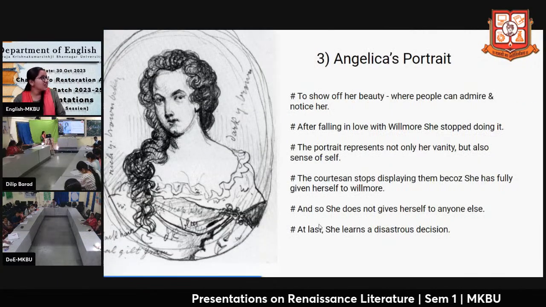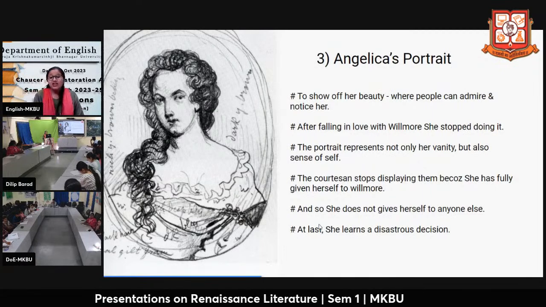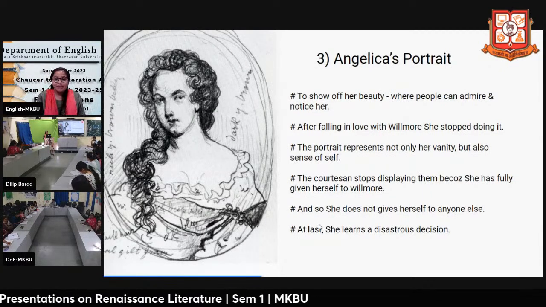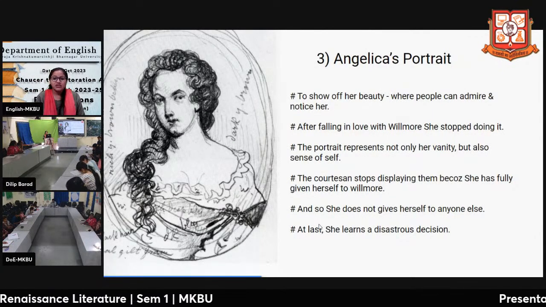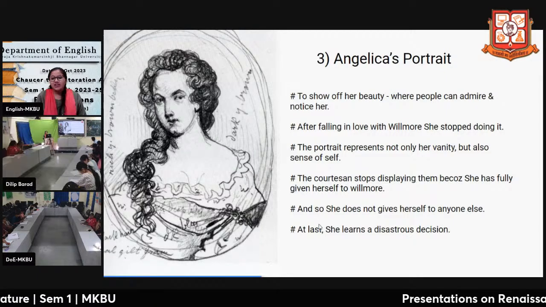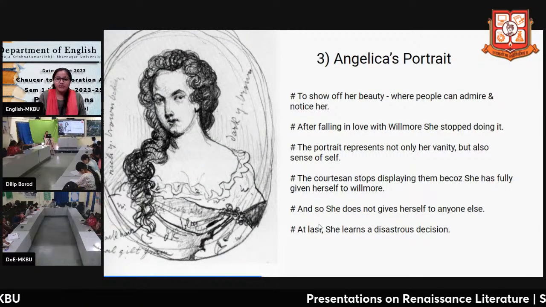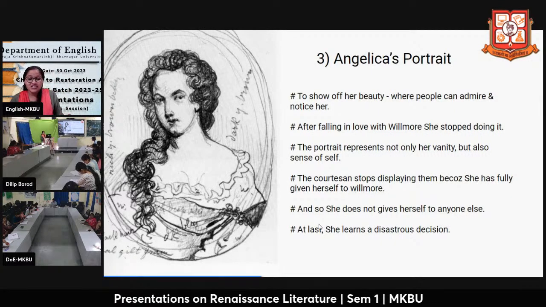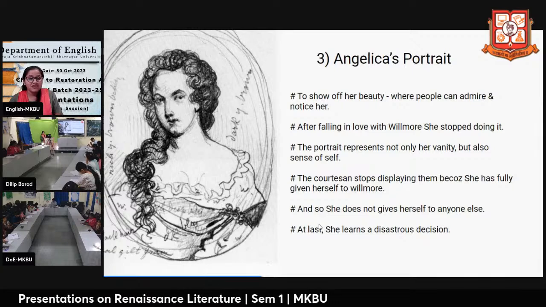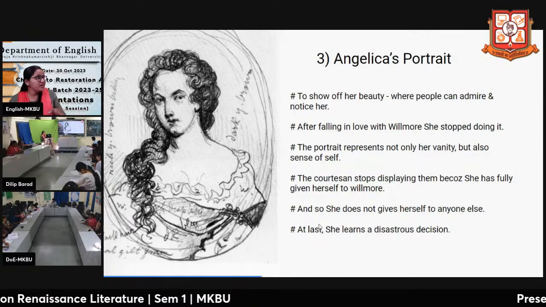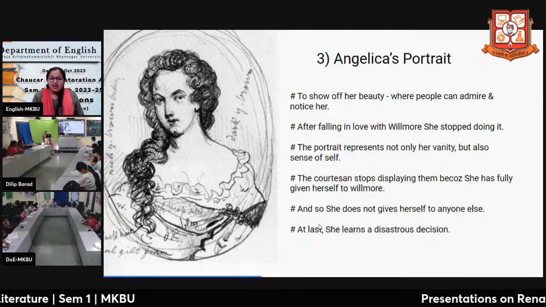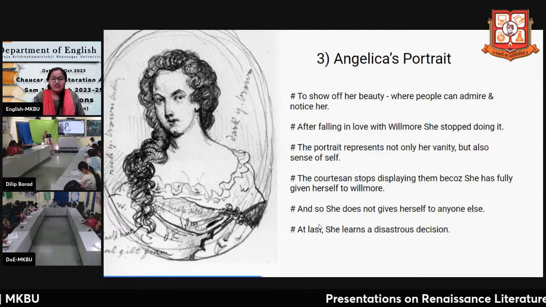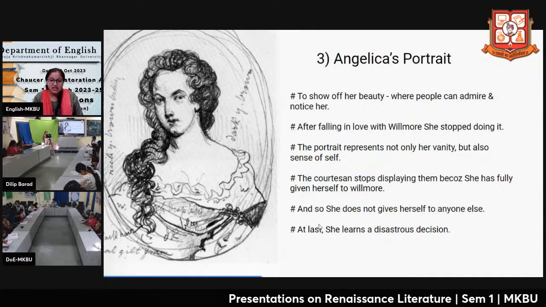Next is Angelica's portrait, to show off her beauty, where people can admire and notice her. After falling in love with Wilmore, she stopped doing it. The portrait represents not only her vanity but also her sense of self.